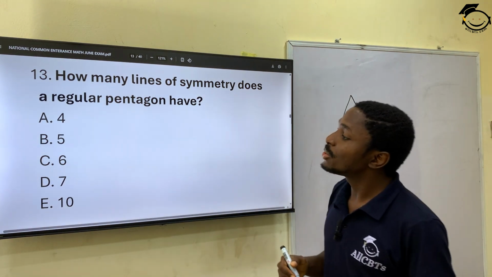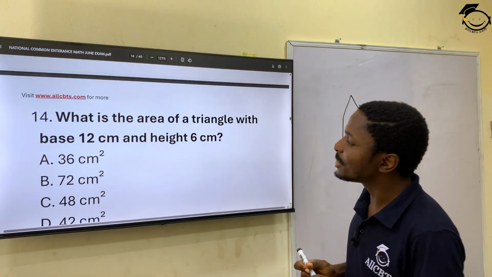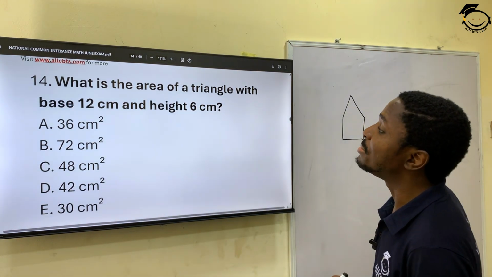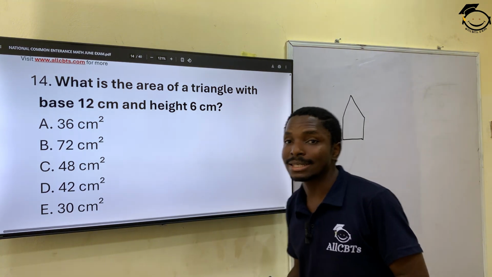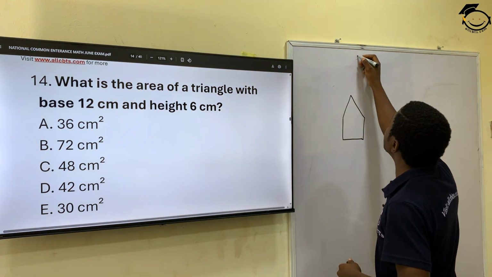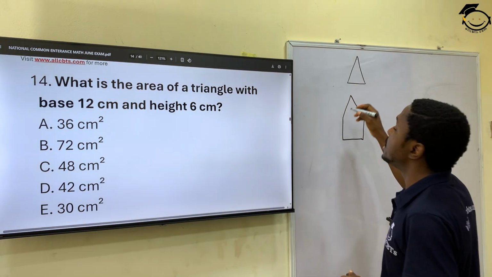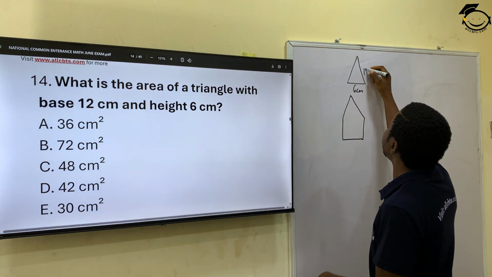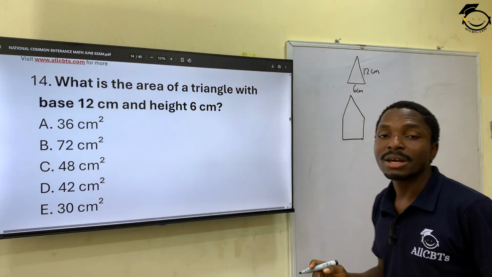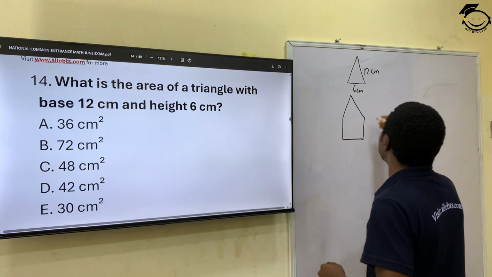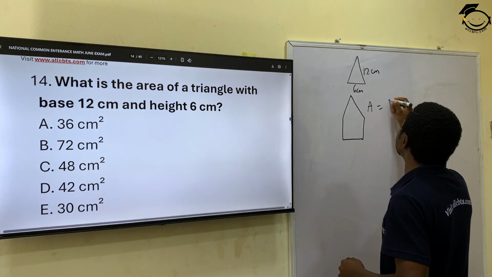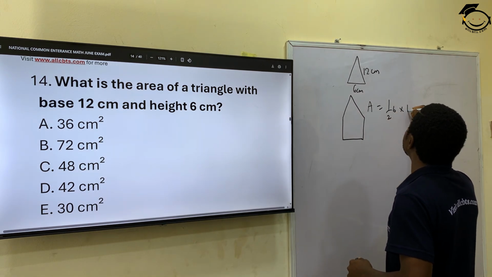Question number 14. What is the area of a triangle with base 12 centimeter and height 6 centimeter? This is your regular triangle. The base is 6 centimeter and the height is 12 centimeter. What's the formula for calculating area of a triangle? Area equals half base times height.